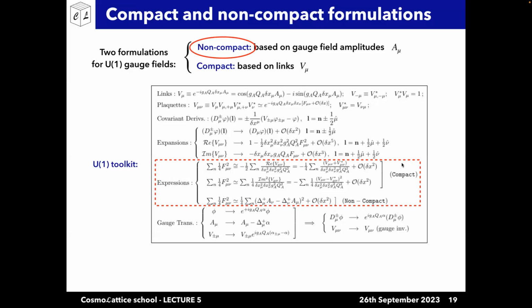However, if we were going to work in a compact formulation, then we would write these two expressions, approximated with these approximations, which are built in terms of plaquettes and links. And as I have noted here, SU2 theories can only be formulated with a compact formulation. We will see that in lecture 7, not 6. So I think we can make the break here.